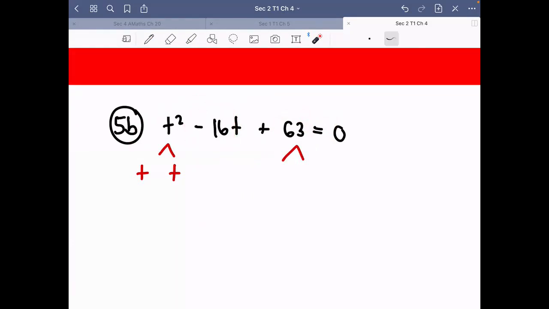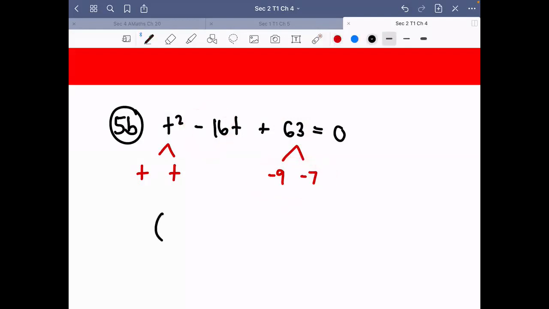It's 7 times 9, right? So it's a negative 9 and a negative 7. Negative 9 times negative 7 is positive 63. Negative 9 minus 7 is negative 16. So these are the correct factors.